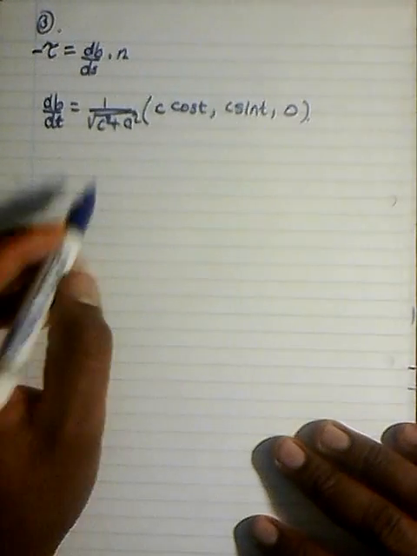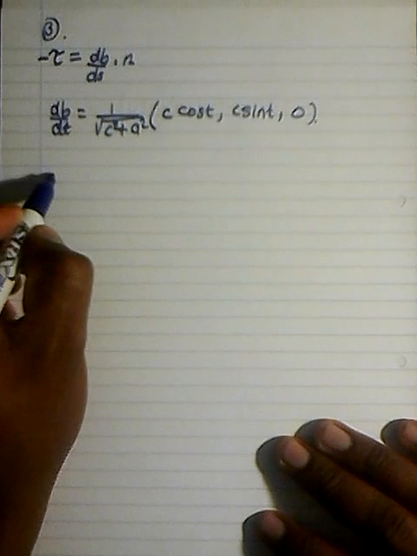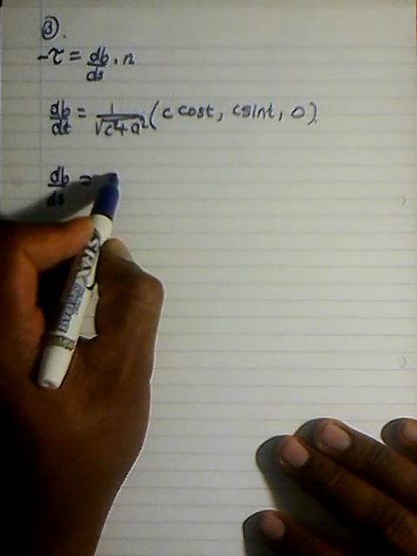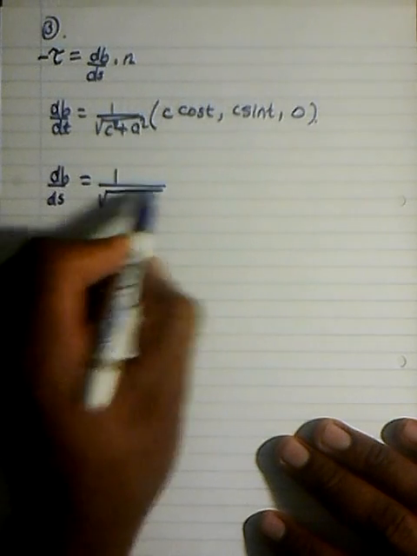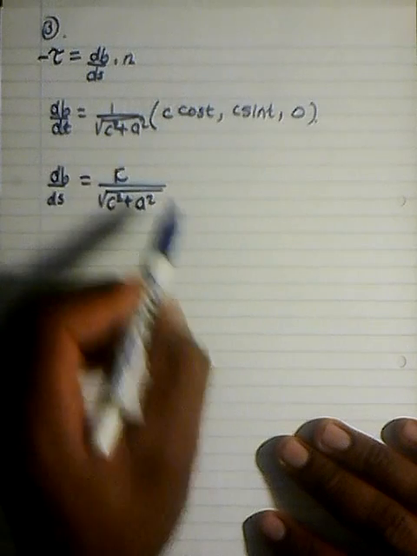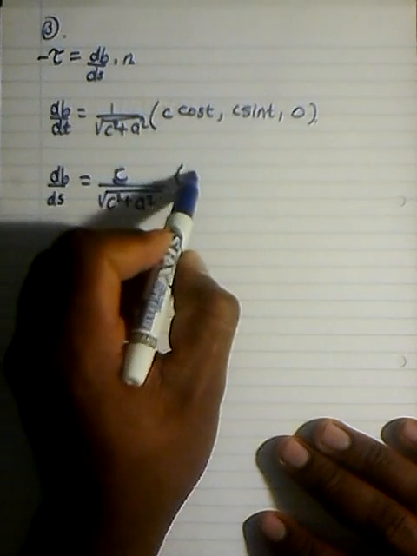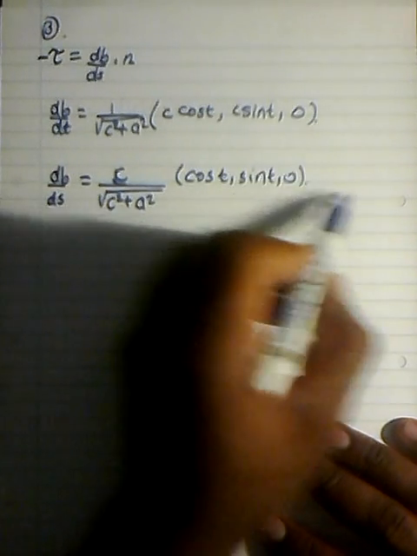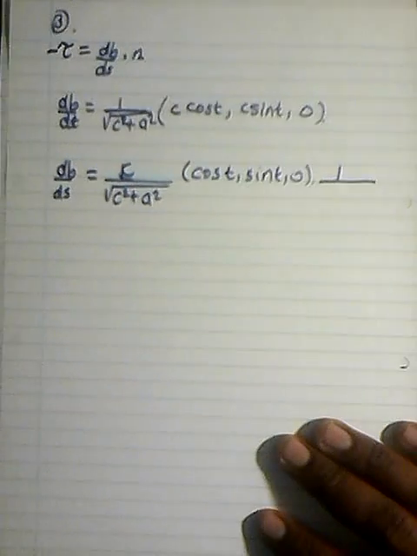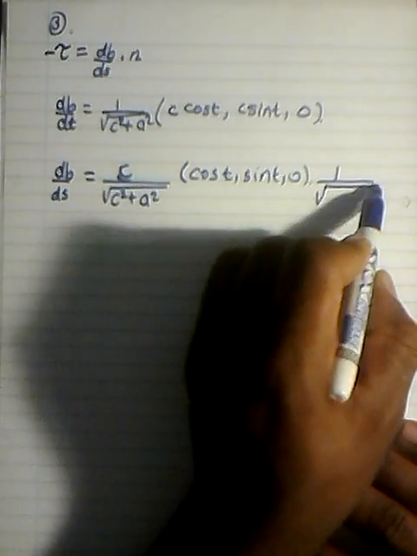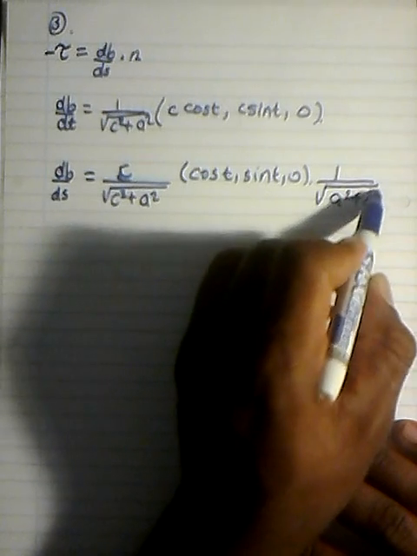Factoring out c, dB ds is equal to 1 over the square root of c squared plus a squared, times cos t, sine t, and 0, multiplied by 1 over the square root of a squared plus c squared.